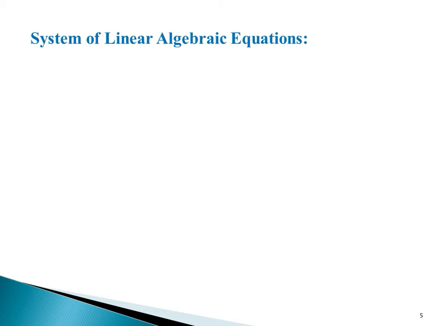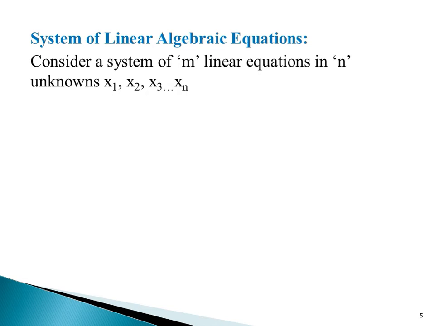So the next point is a system of linear algebraic equations. Consider a system of m linear equations in n unknowns. The unknowns are x1, x2, x3 up to xn. Then the system: a11 x1 + a12 x2 + ... + a1n xn = b1.